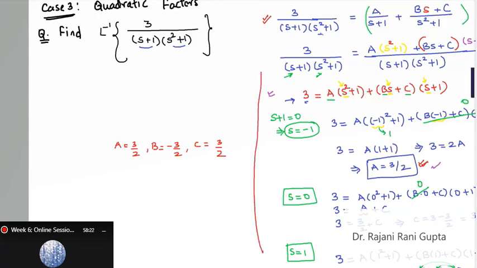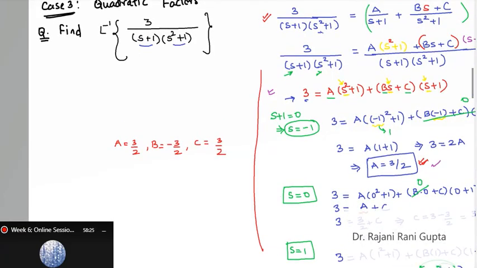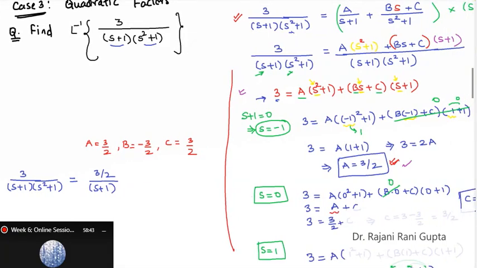So we will write 3 over s plus 1 times s square plus 1 is equal to a, which is 3 over 2, divided by s plus 1, plus b is minus 3 by 2, s, plus c is 3 over 2, divided by s square plus 1.